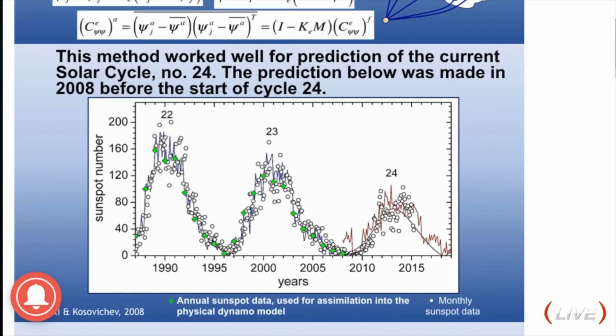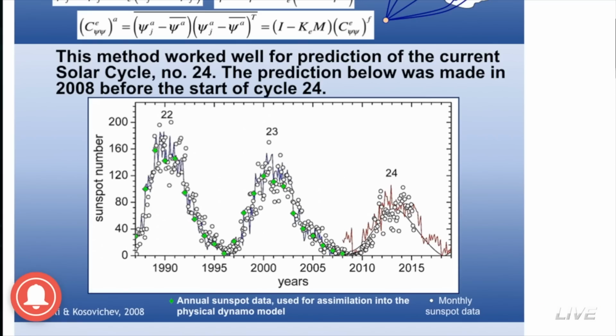I believe the red line is probably the prediction. So what they predicted for solar cycle 24 was pretty accurate. And we all know how weak solar cycle 24 was. We've already talked about how it's been the weakest in 150 plus years.